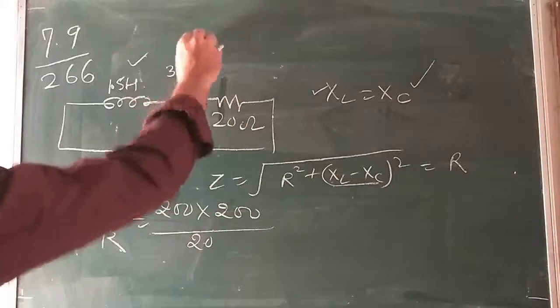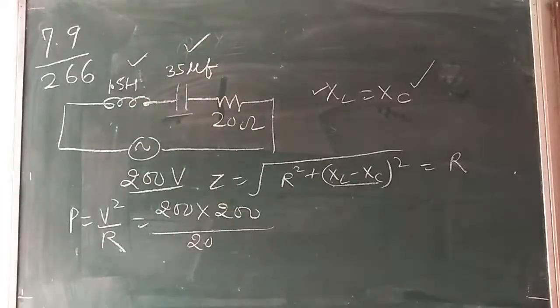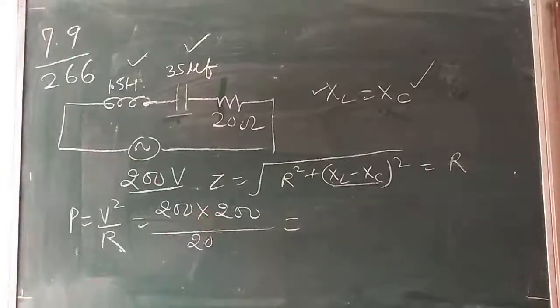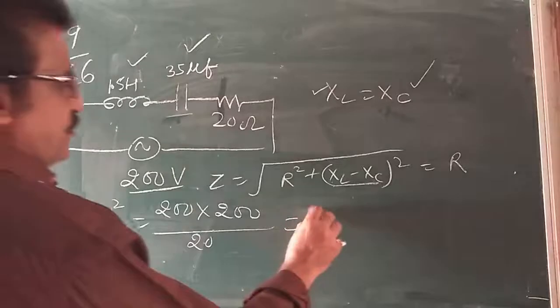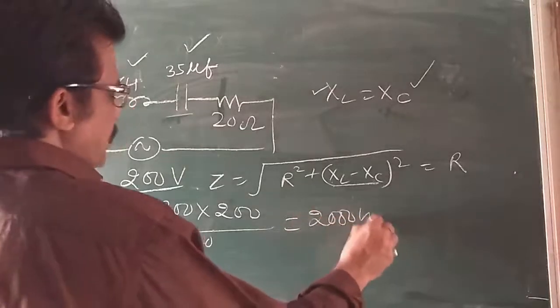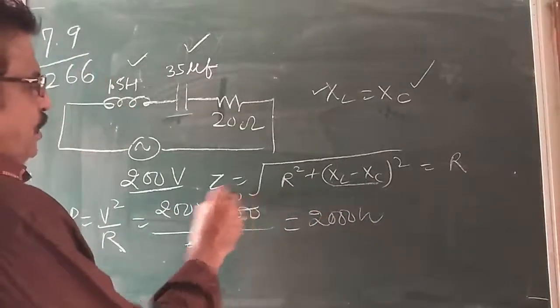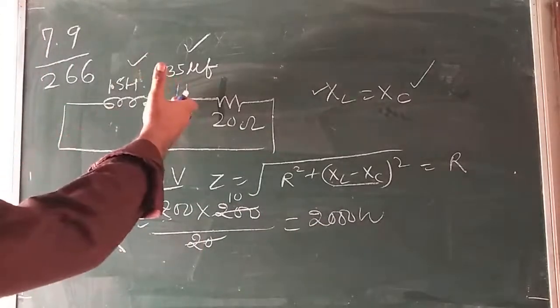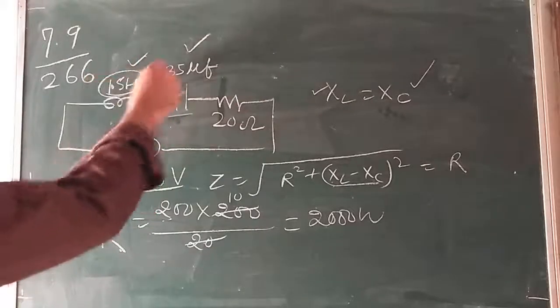Solve both of these. So we get 2000 watt, because just cancel out the 10 and multiply, 2000 watt comes. So it's a very simple question.